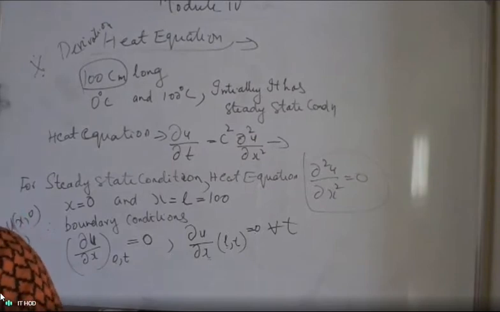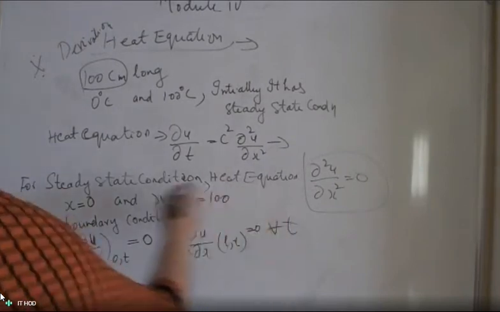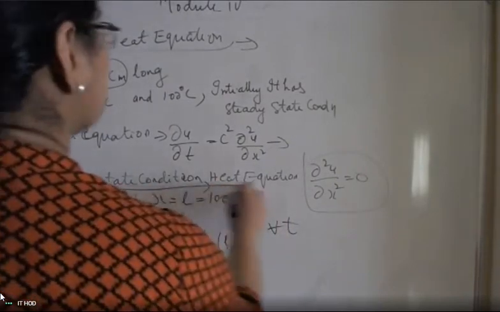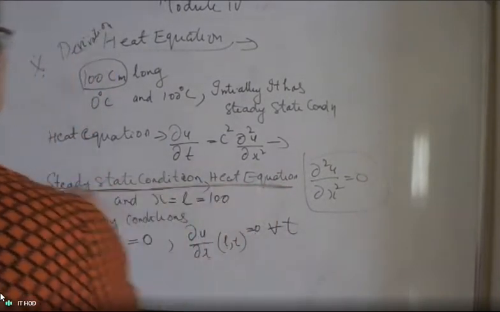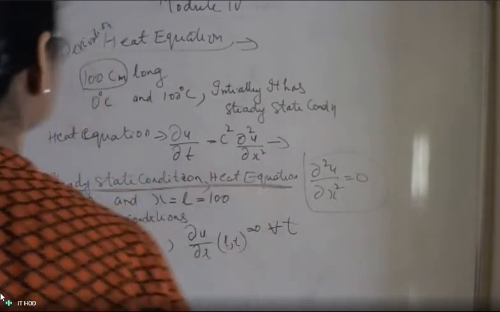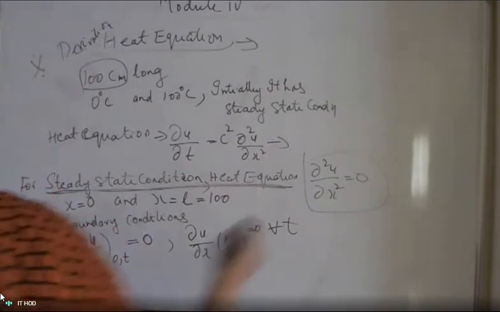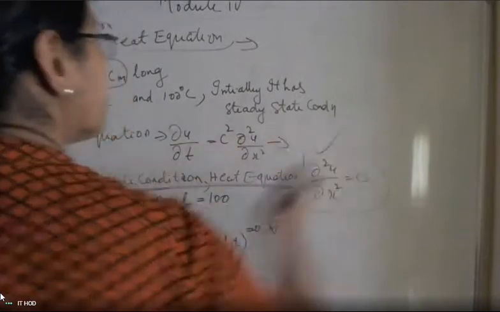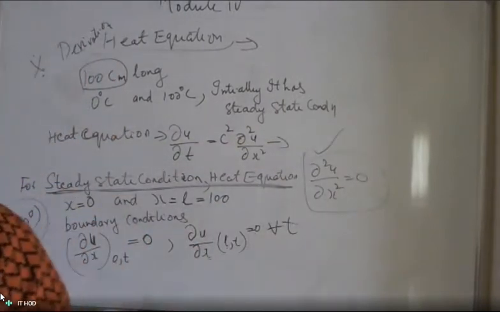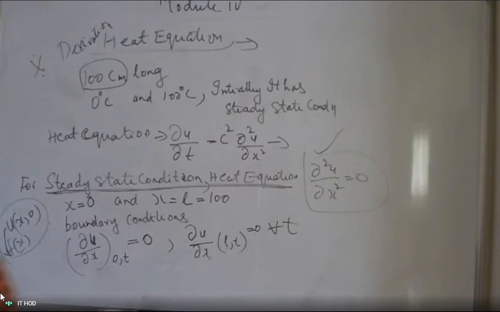In order to find that, we are going to use this one. They have given that initially it is in the steady state condition. So initially it is in the steady state condition means we are going to find this f of x, or u(x, 0), using the equation dou square u by dou x square equals 0.